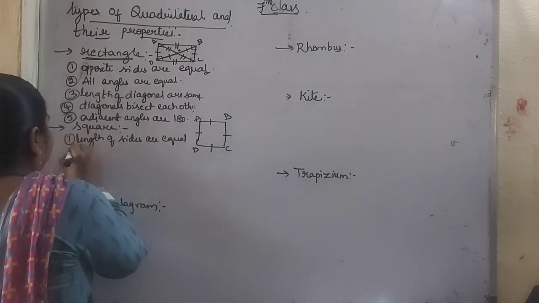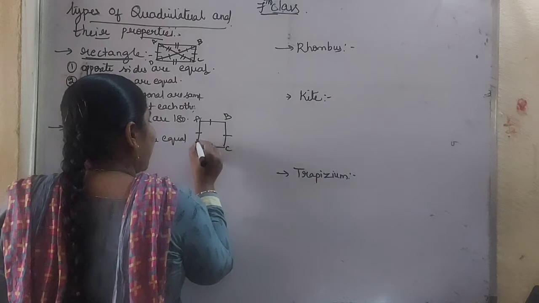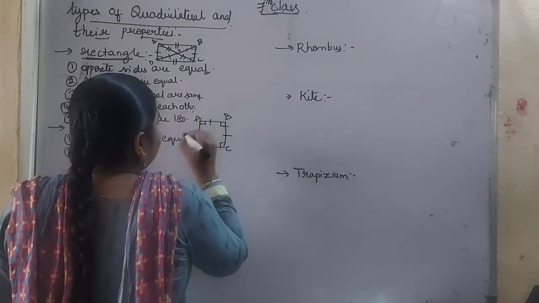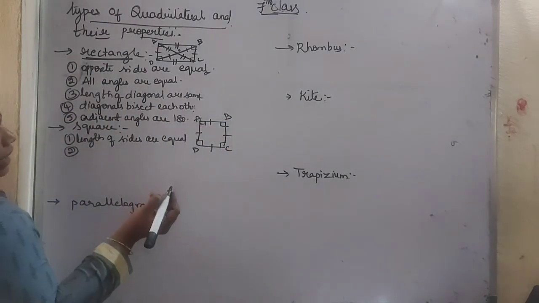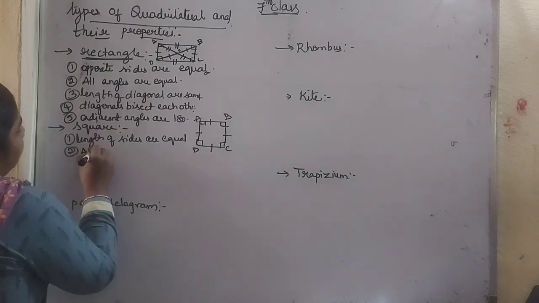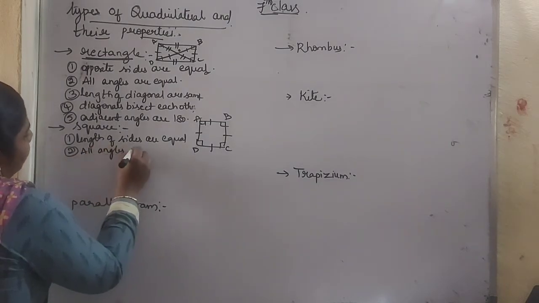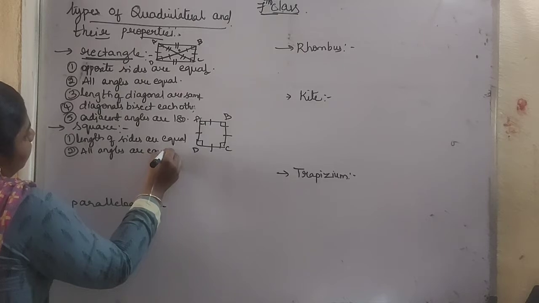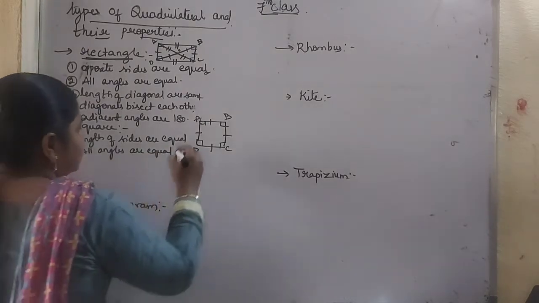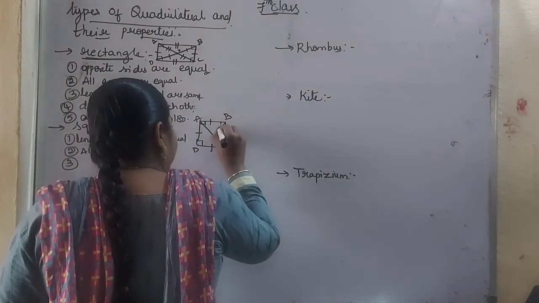The second property is all the angles will be equal, equal to 90 degrees. And the third property is diagonals bisect each other.